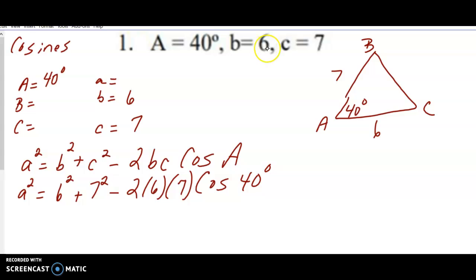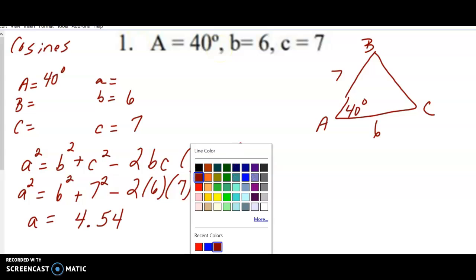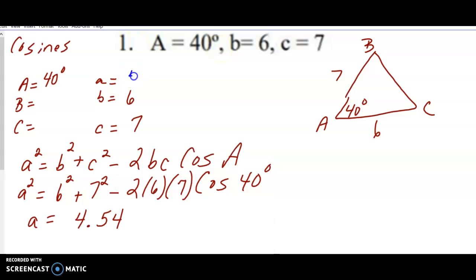So our sides here are 6 and 7. When I took the square root of this number that I got when I punched it in my calculator, I ended up with A equals 4.544. So we're going to go 2 decimal places, 4.54. And that definitely makes sense with the other measurements that I'm given here.